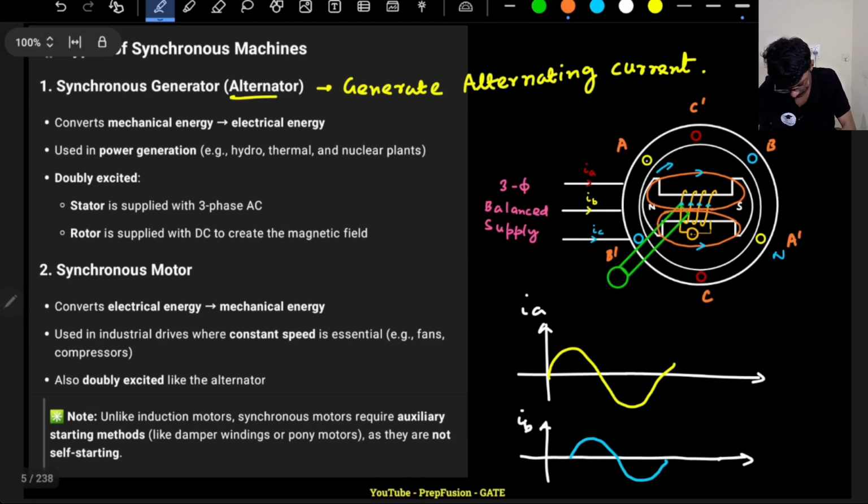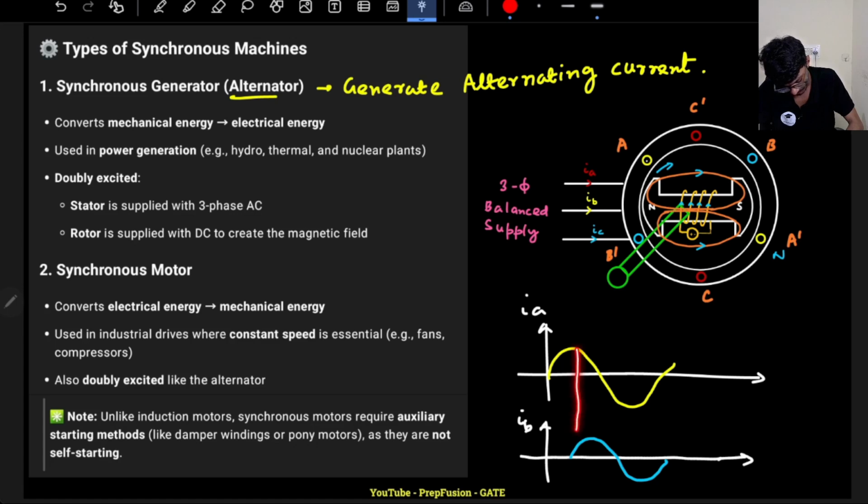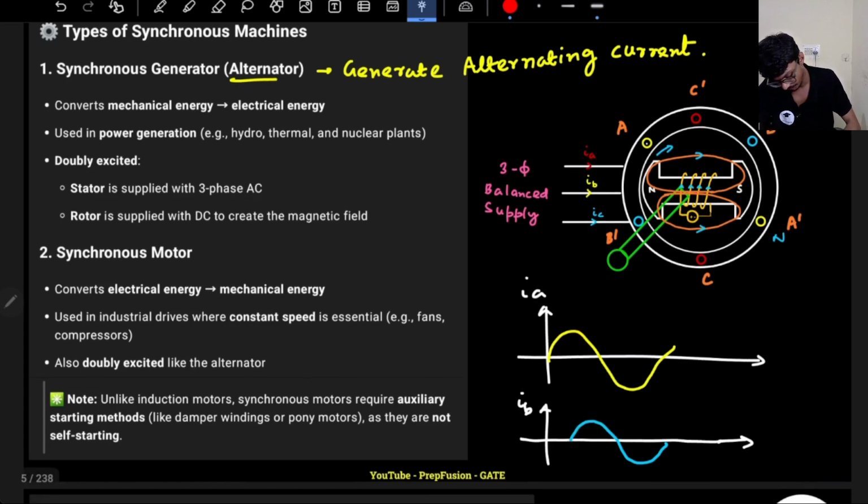So if I shift this way by 120, if I observe it at the maxima, what will happen? Sorry, I'm making a mistake. Basically this will be shifted by 120 actually. So this is 90, right? So this current will be something negative, I guess. Your IB current will be negative, and your IC current also will be somewhat negative, if I remember correctly.